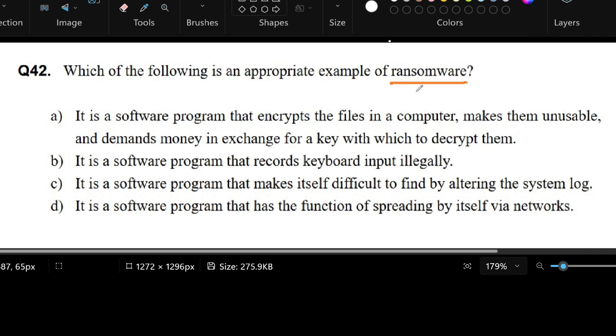This question isn't really supposed to be difficult, but we'll need to, of course, read each of the choices and choose among them the best answer. Okay, so letter A, it's saying something about a software program that encrypts the files in a computer, makes them unusable, demands money in exchange for the key to decrypt the encrypted files.